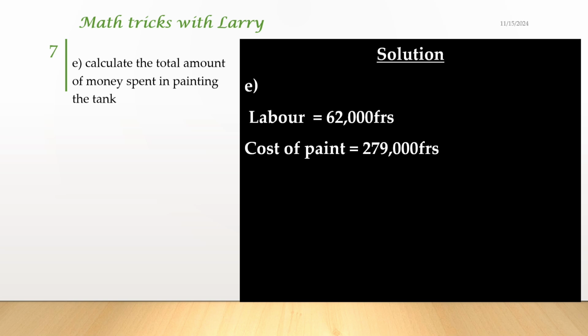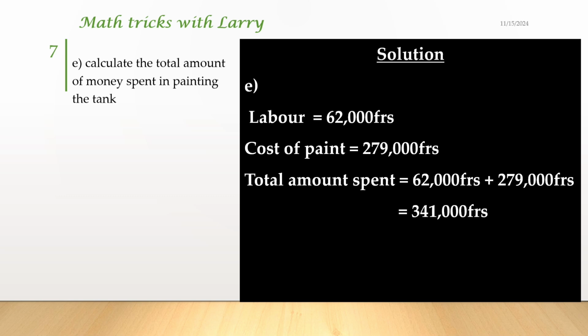From part B, the labor cost gave us 62,000 francs, and from part D, the cost of paint, we had 279,000 francs. So if we add the two, the total expenditure to paint this tank was 341,000 francs.